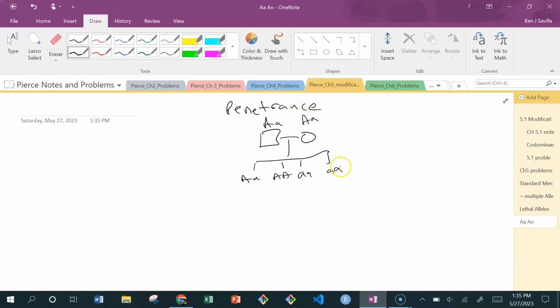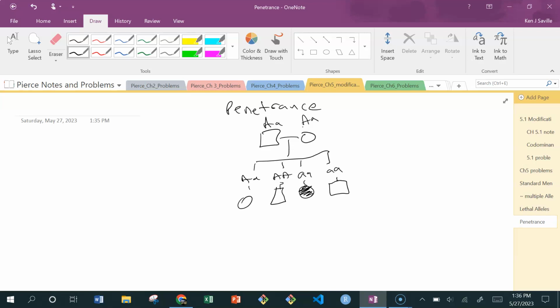I just put those genotypes in there. So let me give them their little symbols here. It doesn't matter if they're male or female, we're just putting in whatever. And this person is affected with the disease, and this other person is not.